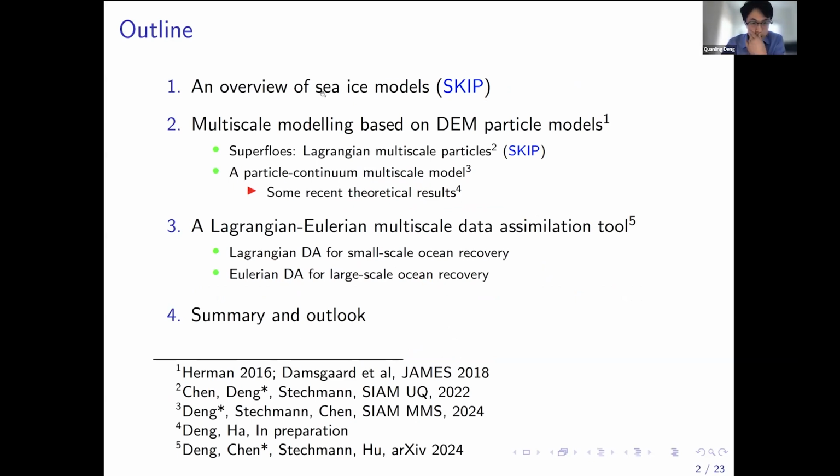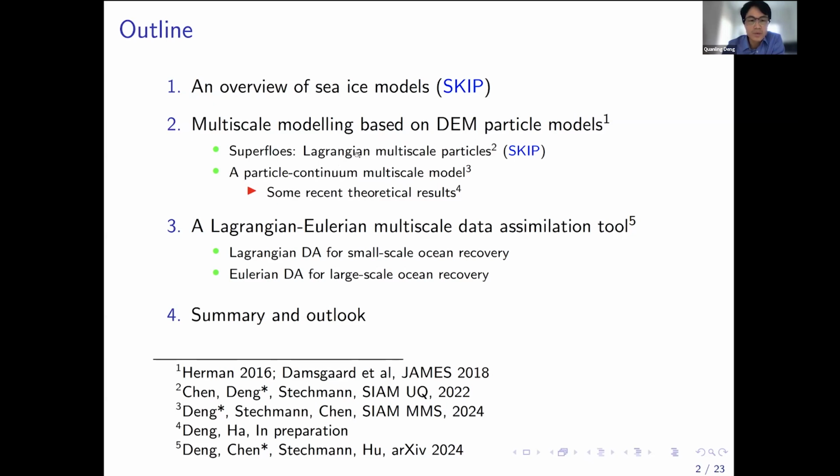I will be focusing on multi-scale modeling based on these DEM particle models, discrete element model particles, looking at CIS flow modeling simulations, which is quite recent directions on the CIS modeling. For example, the recent works by Herman and Andy. So we started based on this DEM model and then look into the Lagrangian multiscale.